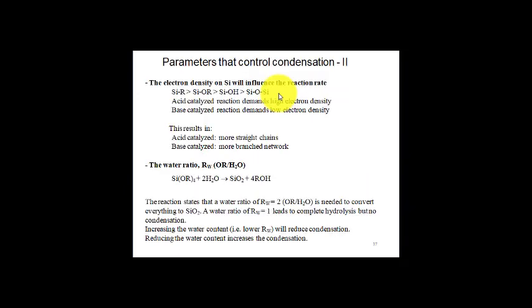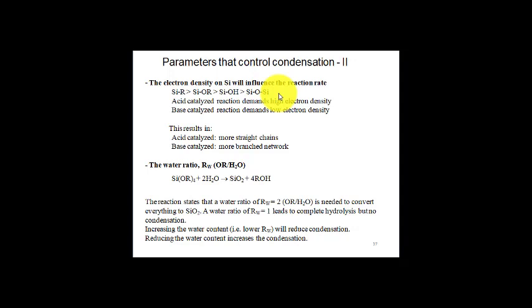Second one is the parameters that control condensation 2. The electron density on the silicon will influence the reaction rate. For example, if there is a simple R group, then the reaction will be faster. If OR, then the reaction will be slower. If OH, then even slower.